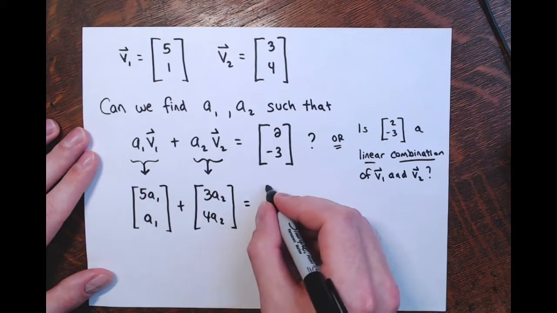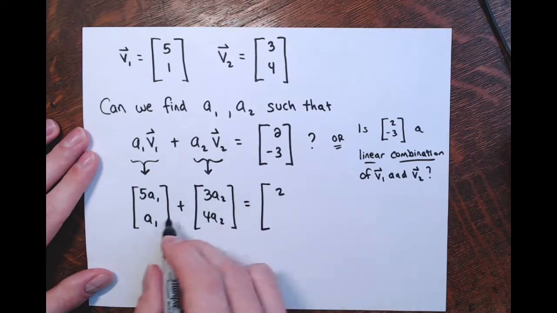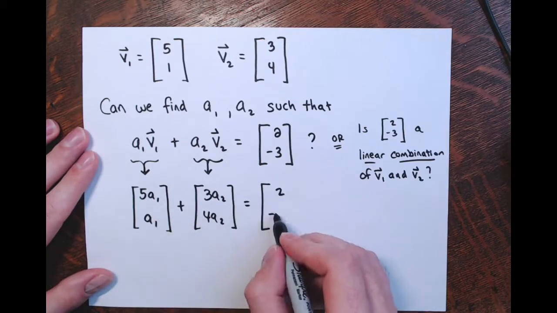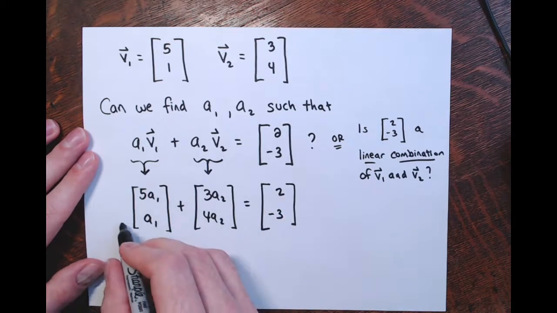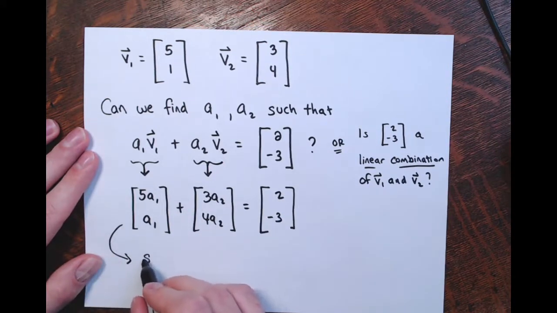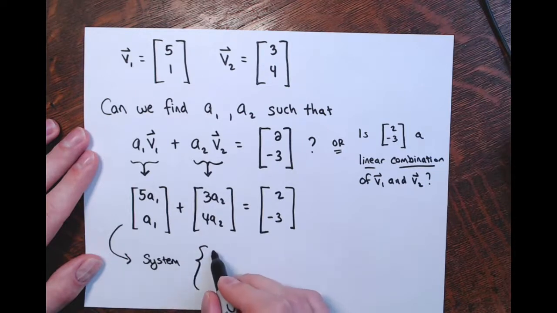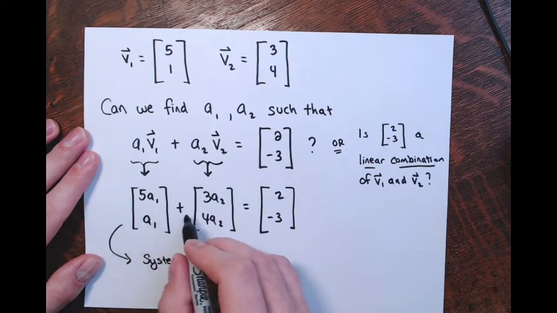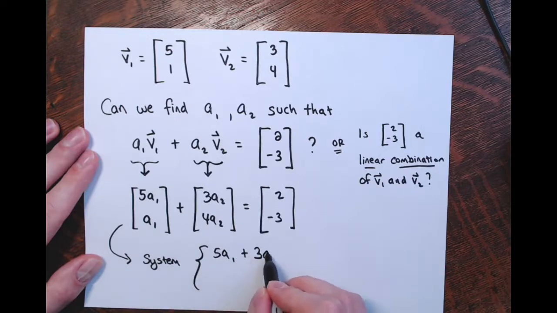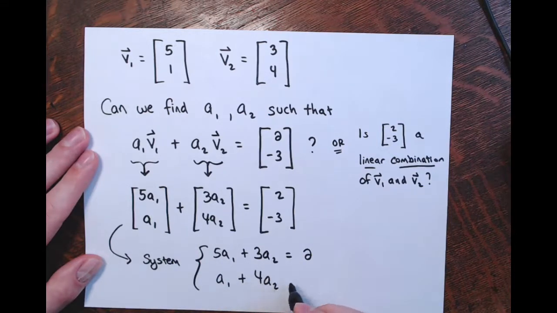And in order for this sum to be equal to the vector 2, negative 3, we'd basically be solving the following system of equations. I would need 5a1 plus 3a2 to be equal to 2, the first component. And I would need a1 plus 4a2 to be equal to negative 3, the second component.